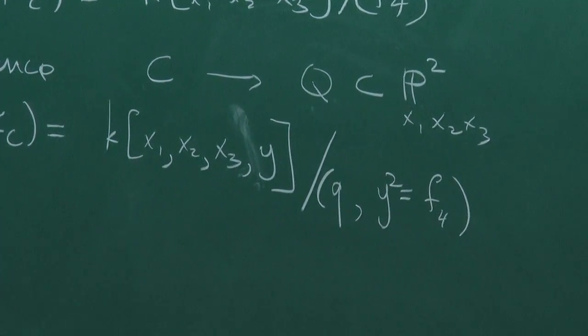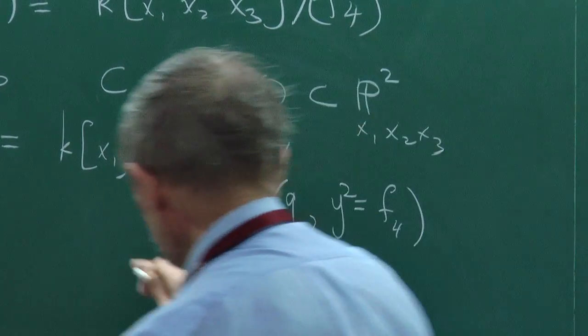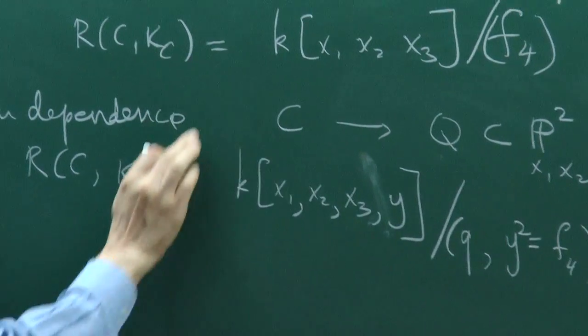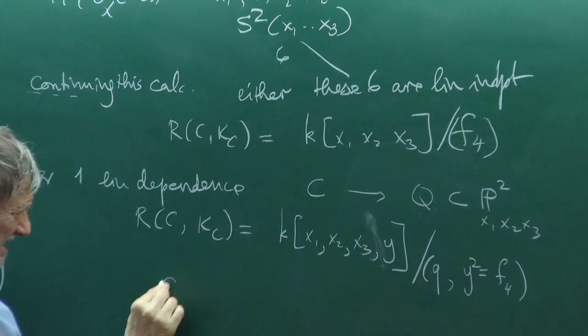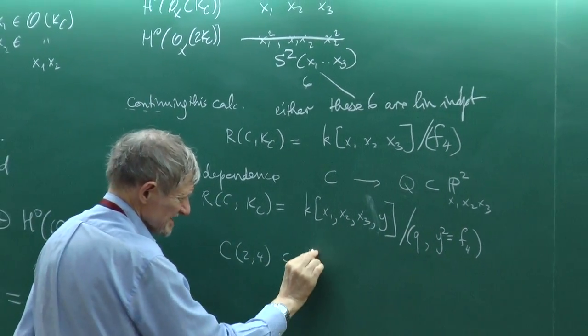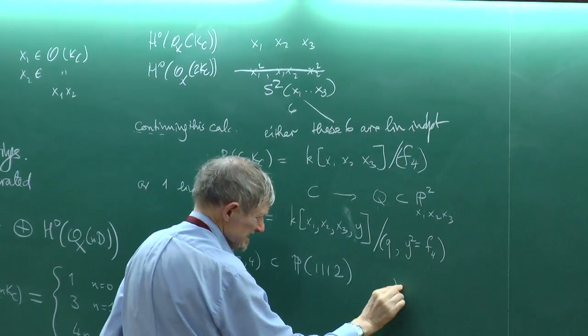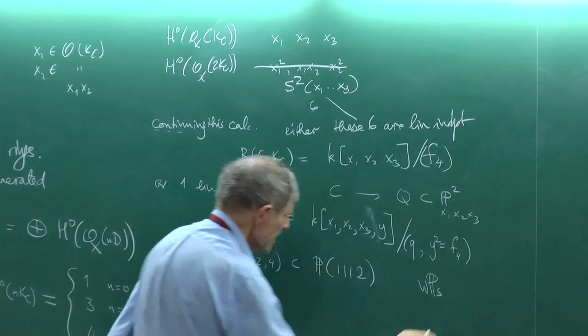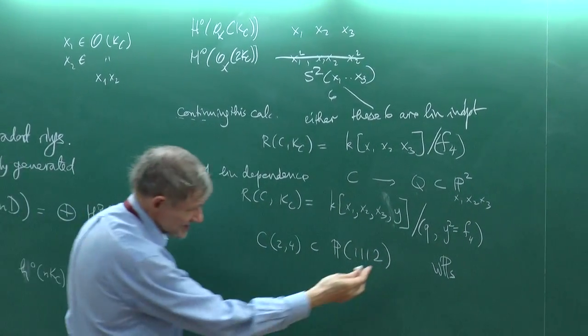Yes. So what have we gained by doing this? So you may notice that these 2 constructions can be put together as a single construction. Namely, I can write C_{2,4} in weighted projective space P(1,1,1,2). So this is weighted projective space, given by these 2 equations.